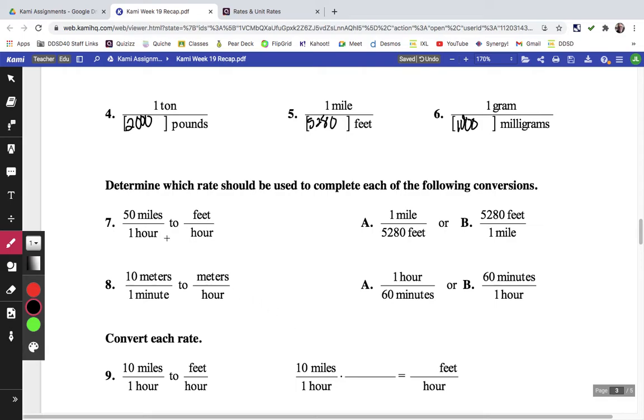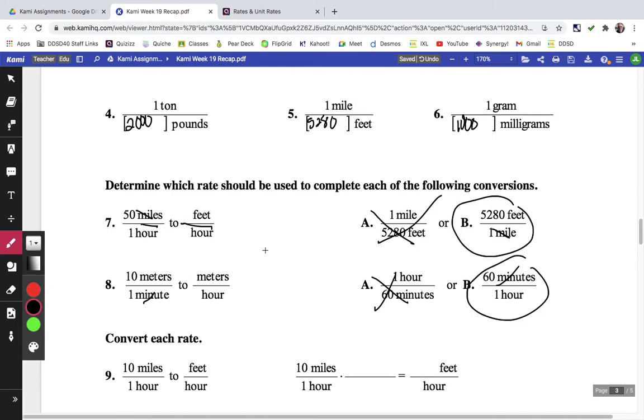And we also talked about if we were going to change miles per hour to feet per hour, changing miles to feet, we would look for a 1 where the miles cancel out. So that would be this one, not this one. If we changed minutes to hours, I would need minutes to be on top. That would be this one, so I could cancel with minutes, not this one.